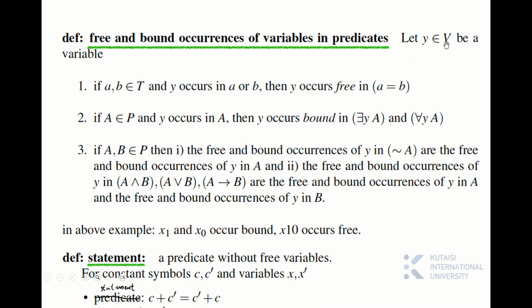If y is a variable, and let's say a and b are terms, think of it as an expression in natural numbers, and y occurs in a or b, then y occurs free in a equals b. So you have some expression in natural numbers that contains a variable, and another expression in natural numbers. So this is obvious, right?